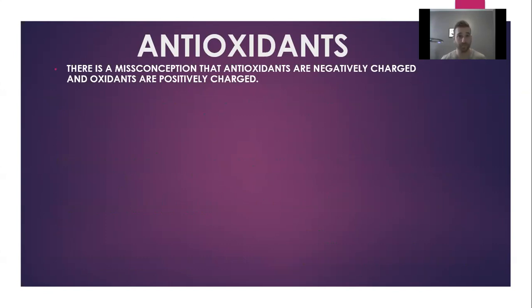So as an example, you don't want to give people information like this if they ask, and then they go and share it with people that they know, and the people that they know may have specific levels of education in biochemistry or biology, or they may be in the medical field of some sort, and they may have an understanding that that is incorrect, and now that is going to affect your credibility and the credibility of the product, because for a lot of people, you are the face of the product at this point.